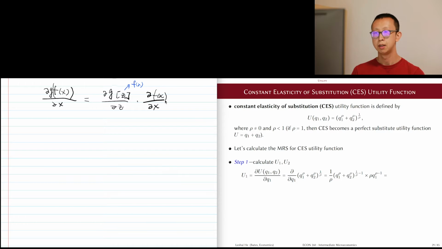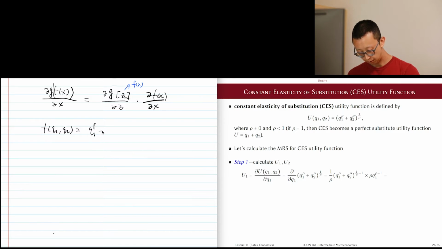All right, let's get to work here. In this particular case, what is our inside function? Let's translate the CES utility function into this nested function format. Our inside function f is a function of both Q1 and Q2, and it is simply the sum of these two quantities.